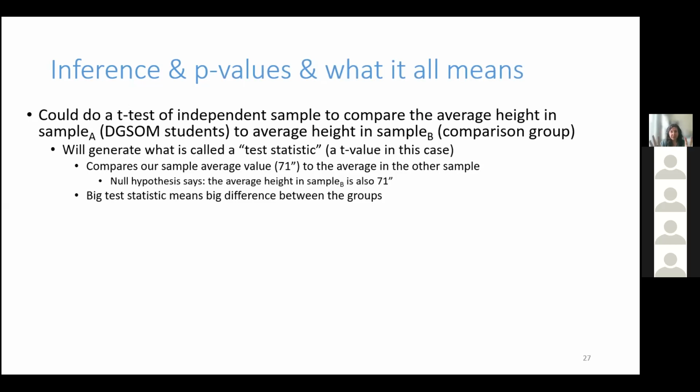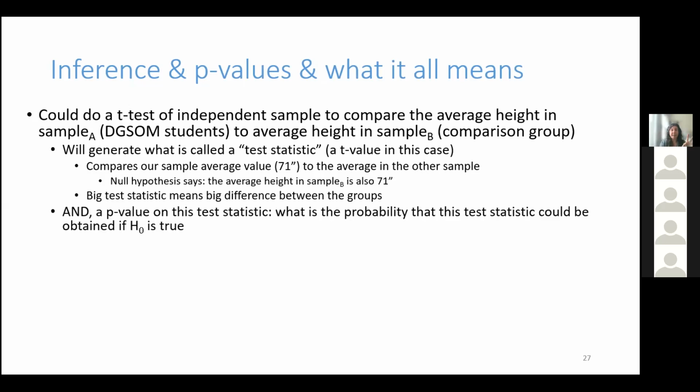So if your t-value is big, that means there's a big difference in the averages in sample A and sample B. And when you have a big test statistic, you get a p-value that says, what is the probability that you would have obtained that test statistic if the null hypothesis were true? So if both samples had an average height of 71 inches, we would expect a small test statistic because the difference is very small. And that's what the test statistic is reflecting.